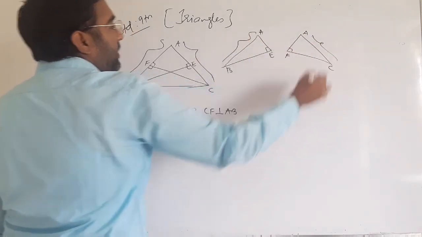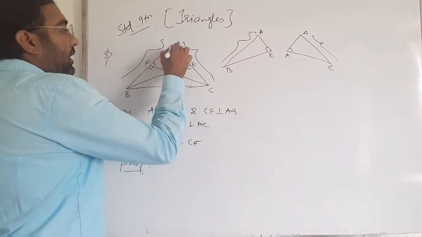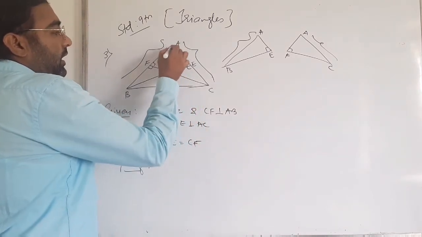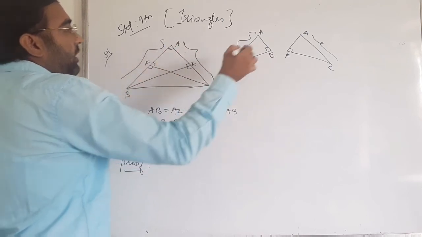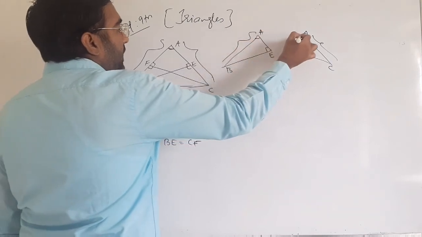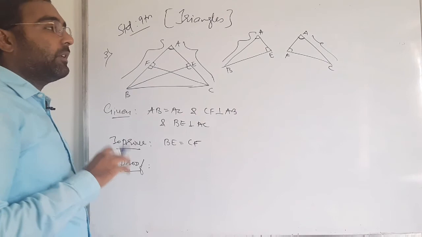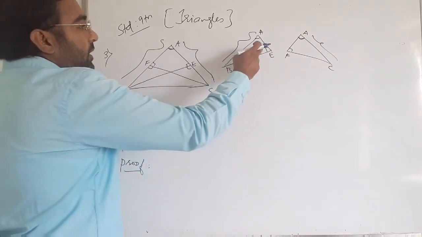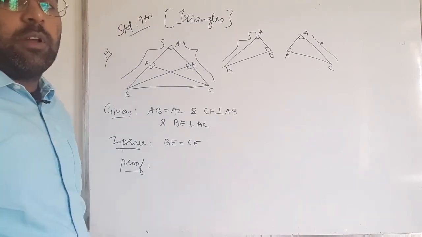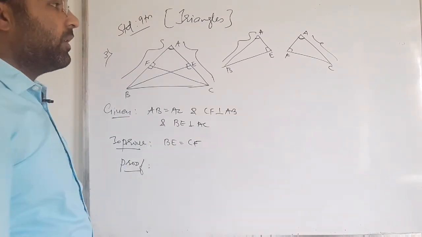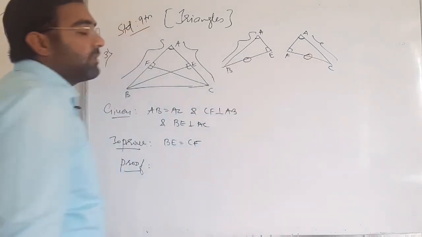AB and AC are given as equal. And in both triangles, angle A is common and contained. So therefore by angle side congruency rule, we prove that both triangles are congruent, and by CPCT, BE is equal to CF.